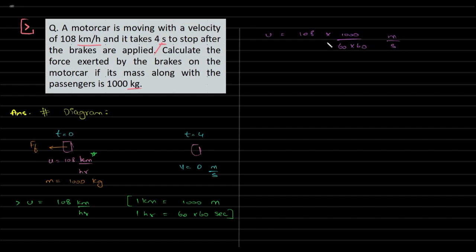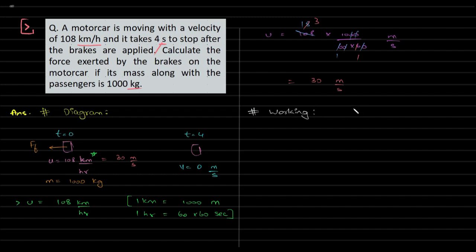We have converted it. So 6 ones are 6, 6 eights are 48. Then again 6 threes are 18. This is basically 30 meter per second. 30 meter per second. And now we can start the calculation, the working.